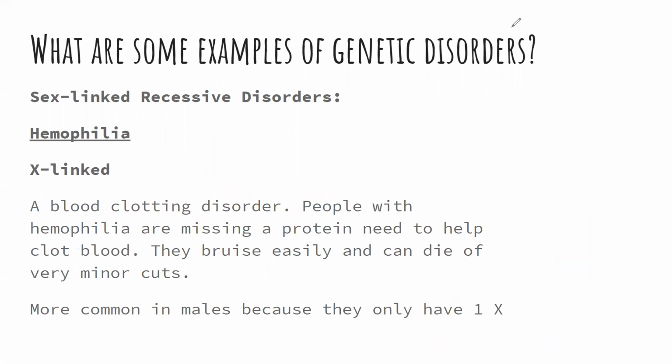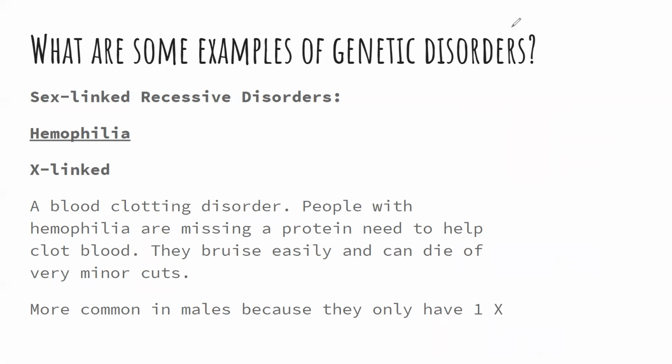So, another kind of genetic disorder is called hemophilia, and it is sex-linked recessive, which means that it's X-linked. Hemophilia is a blood clotting disorder, which basically means that people with hemophilia don't have the ability to clot their blood.